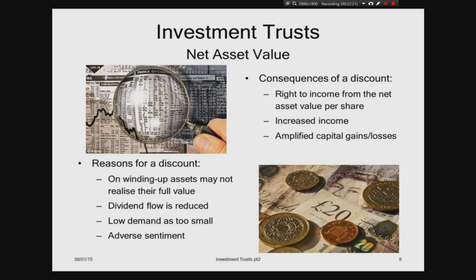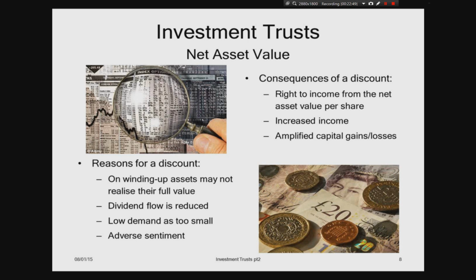The investor will need to pay commission and stamp duty on the acquisition of his investment trust shares that will probably amount to roughly 1.5%. However, the income is based on the net asset value price, not on the market price, making the investment worthwhile from an income perspective. And again, we could go into yield, dividend yield here.